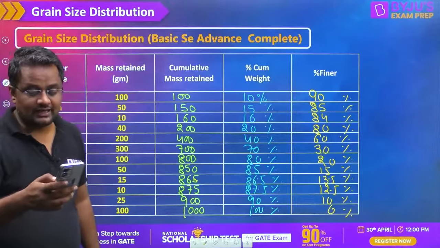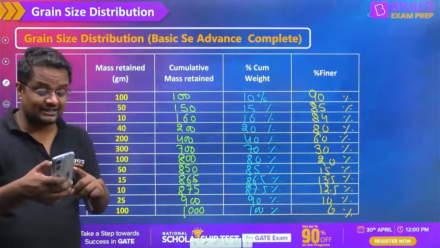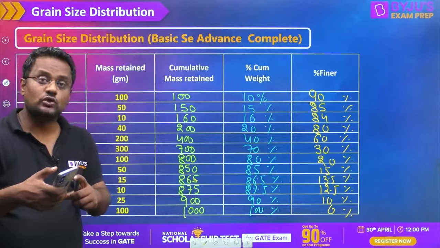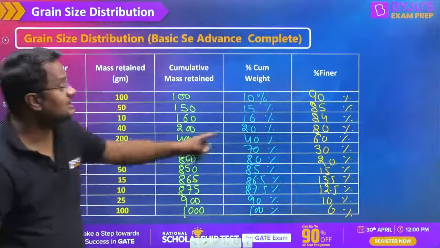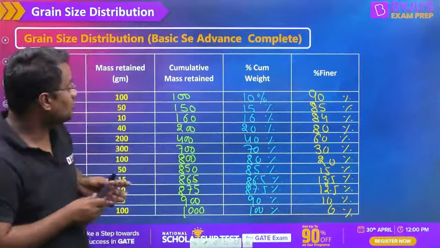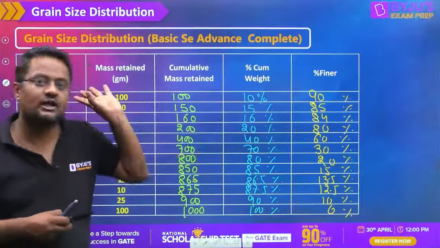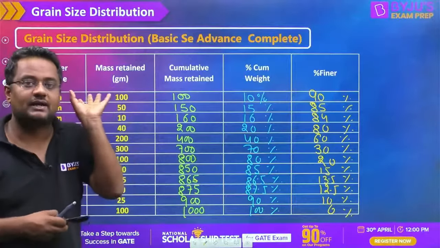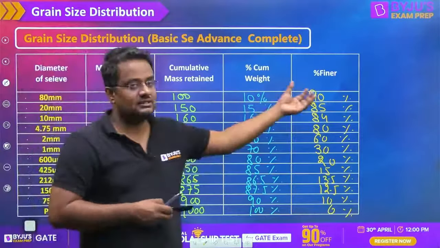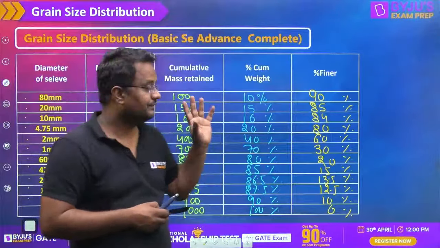So 900 is going down, means 900 is fine, it was smaller, so 900 means 90%. I hope you got it. Out of 1000 gram 100 gram is retained, that means 900 gram is going down. Going down means smaller particle, means 90% finer.